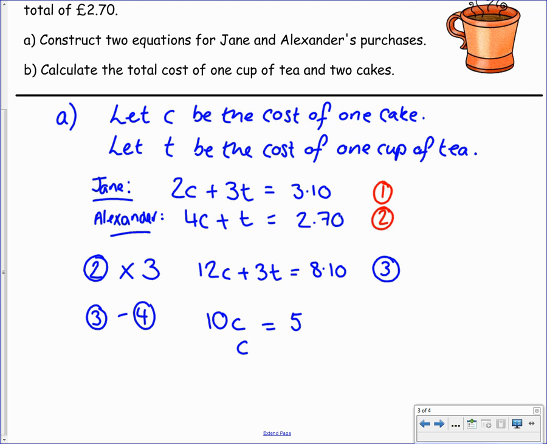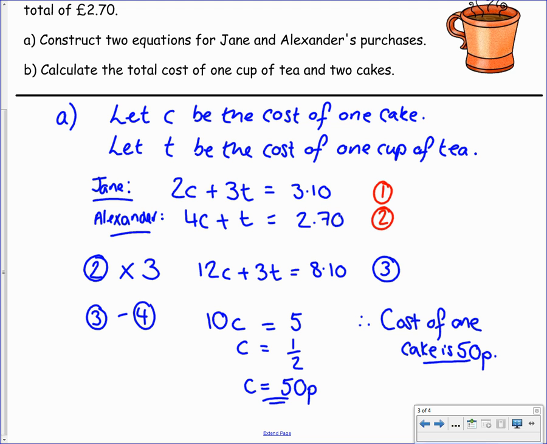If we then divide by 10, we get c equals a half. But since we're talking about money here, we can say that c equals 50 pence. Since it's in a context, we need to say the cost of 1 cake is 50 pence. You must always relate it back to the context.